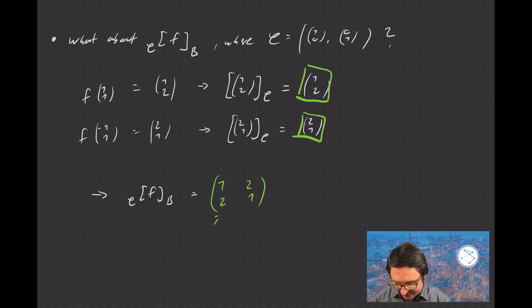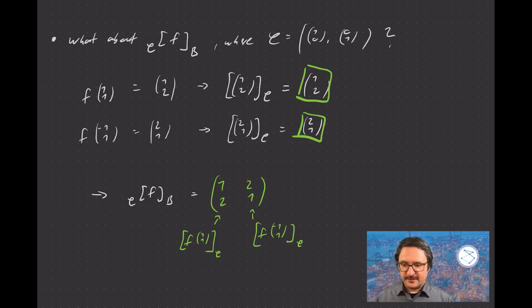And remember, this here is the image of the first basis vector in C coordinates, and this here is the image of the second basis vector in C coordinates.